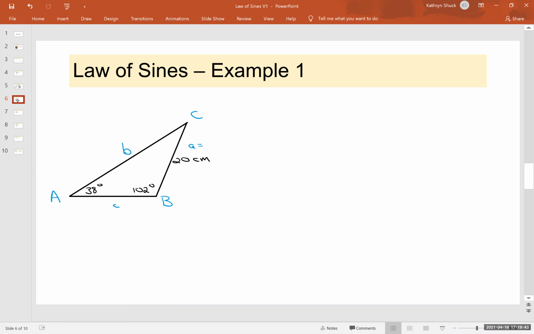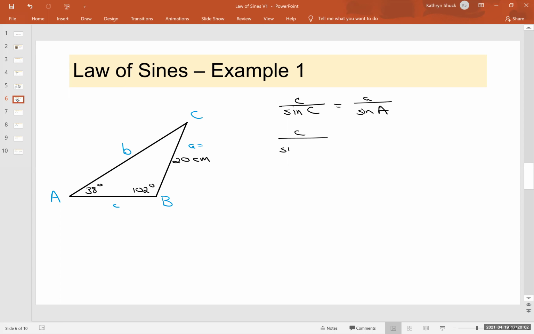So we go over here and we're just going to do the same little calculation to find side C. So side C is to sine C as side A is to sine A. Fill in what we know.